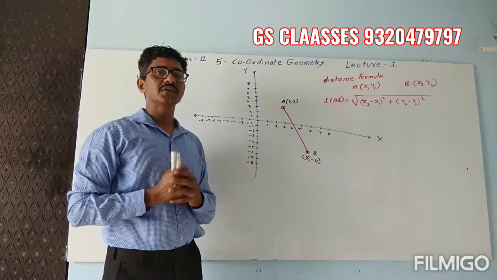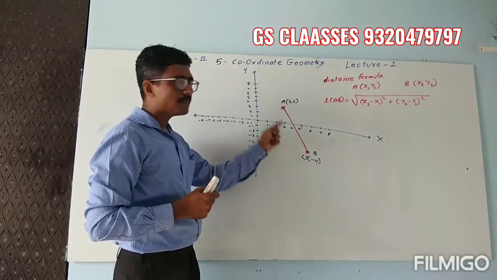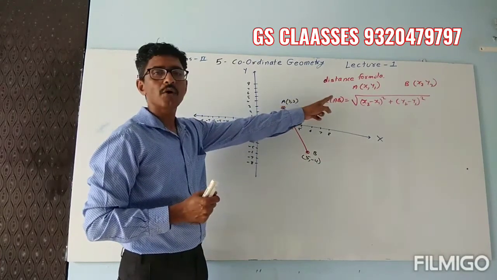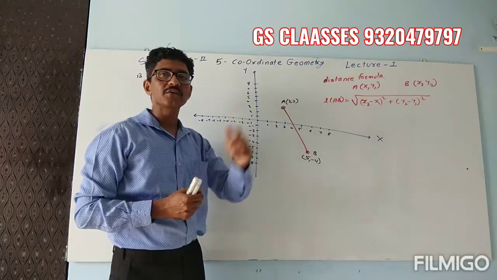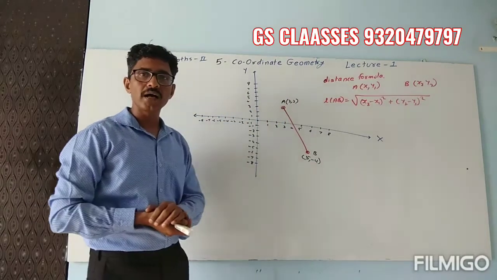Distance formula enables you to find the distance. If you have to find the distance between 2 points A and B, then by using the formula you can directly calculate. So let us see what the formula is.